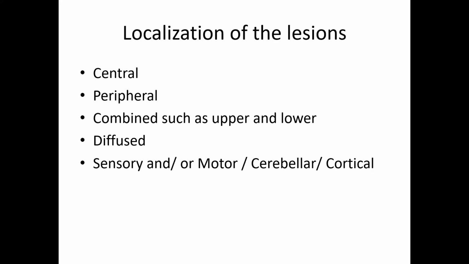So localization of the lesion, why is it important: central, peripheral, combined. Some doctors, not necessarily in Burma, everywhere, don't use their cortex. I wouldn't say they don't use their brain. They use their brain like a computer. They use an algorithm, but they don't use their intelligence.